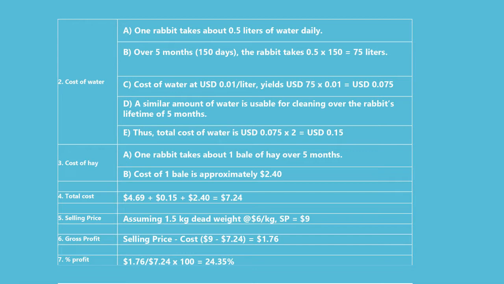So you're going to have 0.5 times 150 days, which makes it 75 liters of water. The cost of water in most urban areas, especially in Africa, is about $0.01 US per liter. So 75 liters times that cost will give you 0.075 US dollars. It's not a lot of cash.